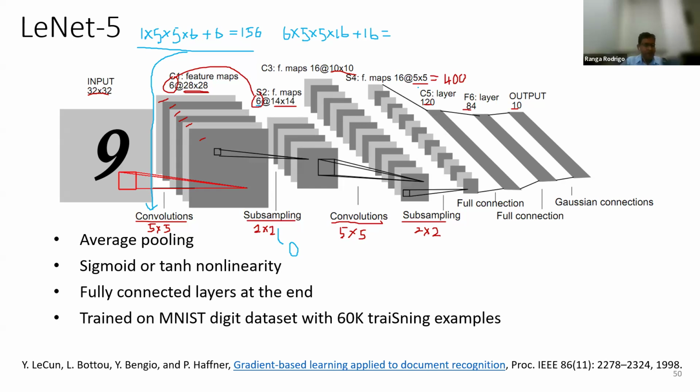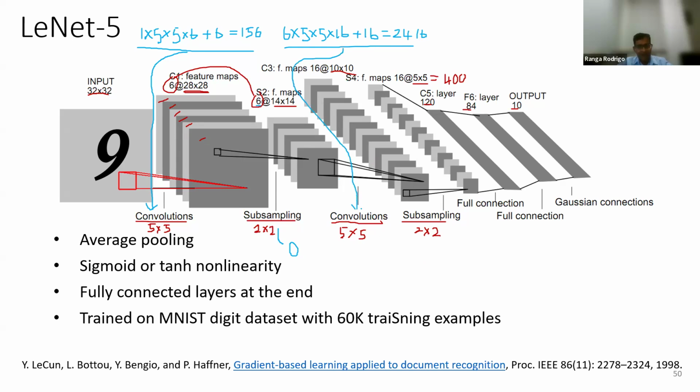So now we will have 6 times 5 times 5 times 16, plus 16. You have 2416 parameters. So that is the parameter count for this convolution operation.